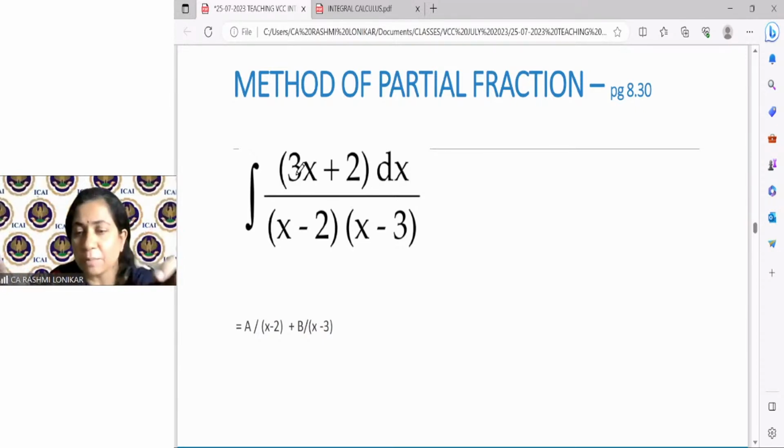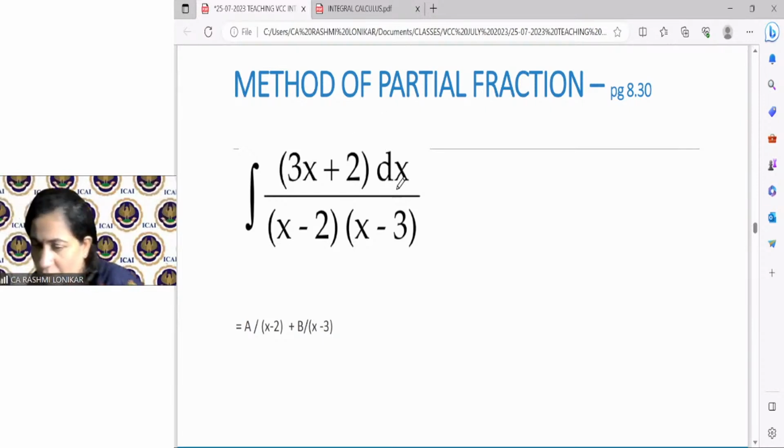When do I use the division method? When the power in the numerator is more than the denominator. When the power of the numerator is less than the denominator, I will use the partial fraction method.